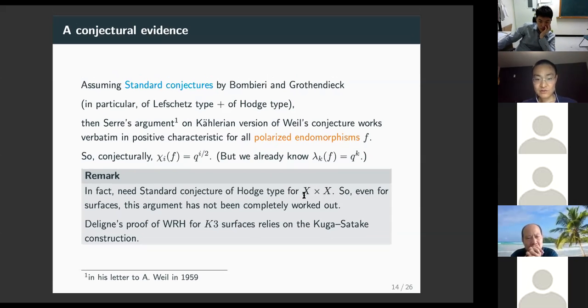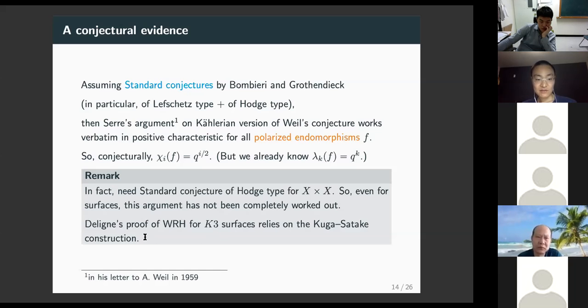If we want to show this chi_i of F is equal to q to the half i for a polarized endomorphism F on X, we need this conjecture for X cross X. But even for surfaces, this X cross X has dimension 4. So we don't know the Hodge type conjecture for this dimension 4 variety. In other words, this argument hasn't been completely worked out even for surfaces.